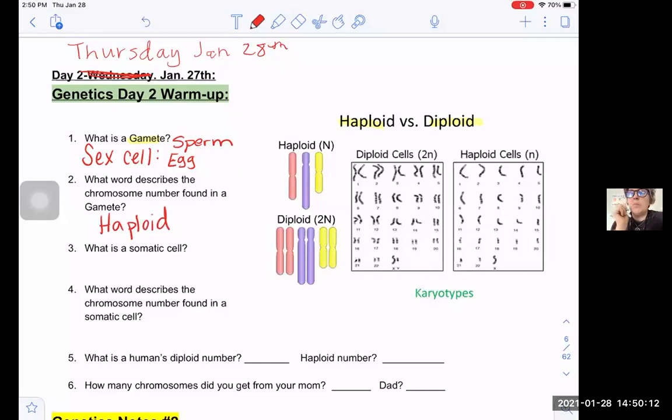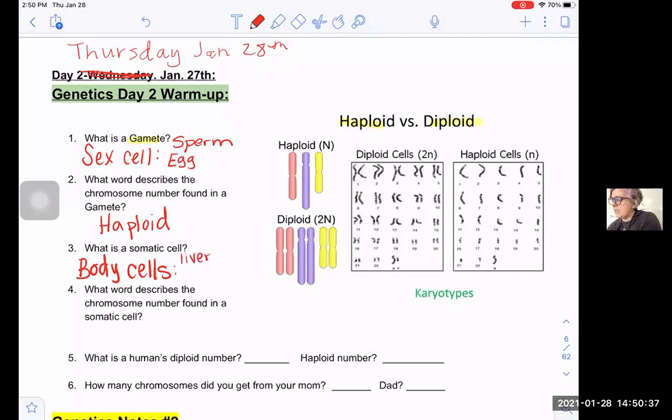What is a somatic cell? A cell that's found anywhere else in the body? Yep. We call them body cells. Soma means body. What I mean by this is any cell in your body besides sperm and egg. So it could be a liver cell.